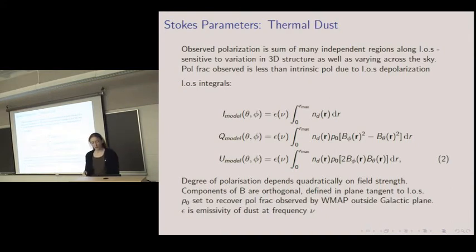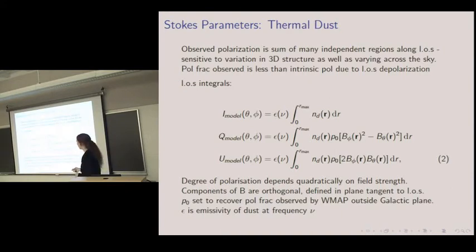So for the Stokes parameters I, Q and U, we then integrate through this magnetic field model. So for I, you integrate the dust density along the line of sight, and epsilon gives the emission strength of the dust at a frequency nu.